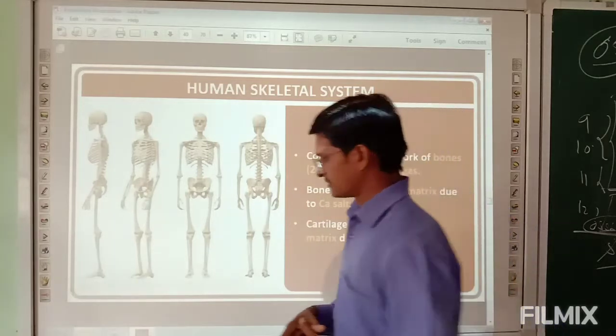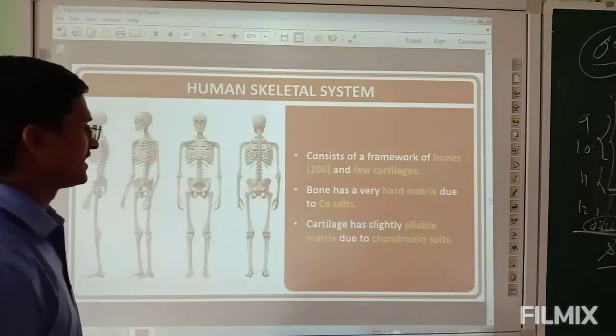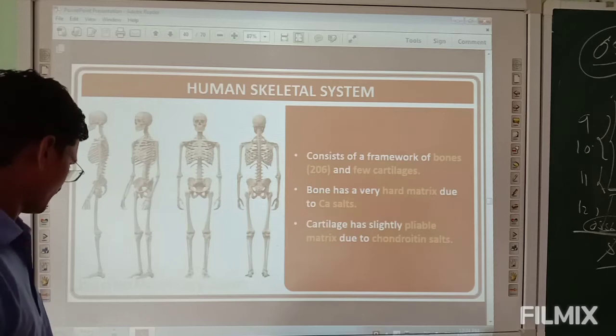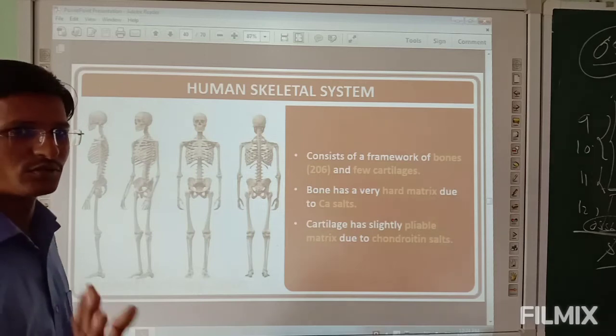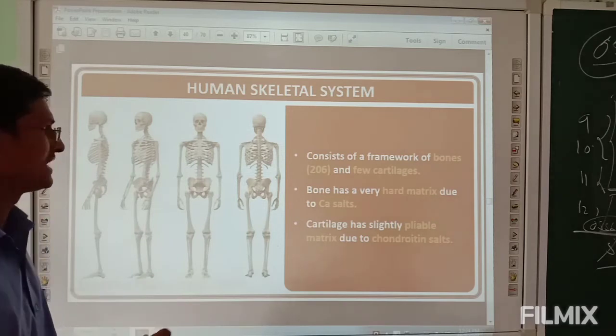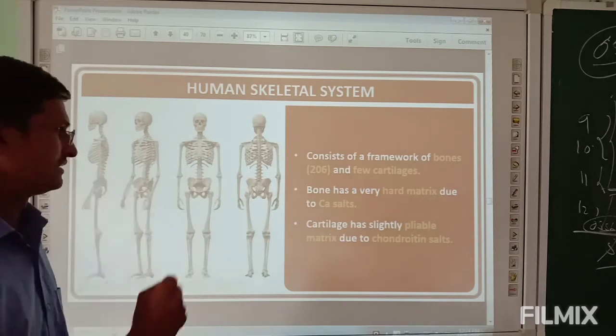The cartilage has a slightly pliable matrix due to calcium salts. Remember that calcium plays an important role in making the bones hard.